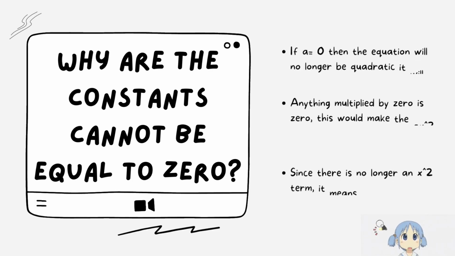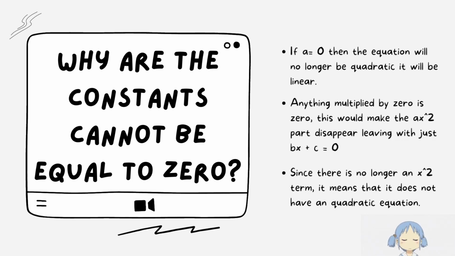This happens because if a is equal to 0, then the equation will no longer be quadratic. Instead, it will be a linear equation, and anything multiplied by 0 is always equal to 0, because nothing added to nothing is still nothing.